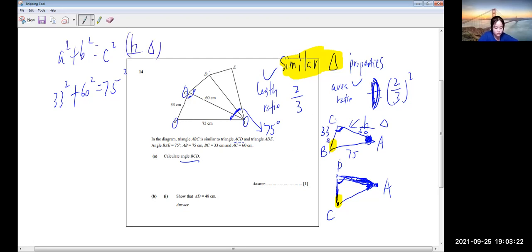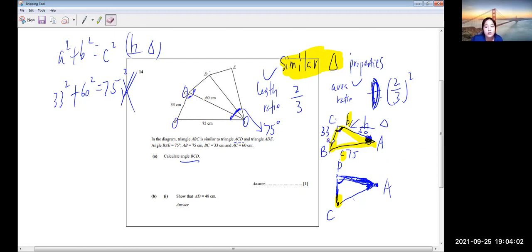This side is your a, this side is your b, and the longer side is your c. Can you help me check whether this is valid? No. So this is not valid, so this is not 90 degrees already.